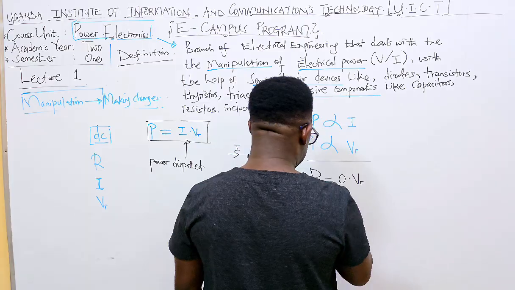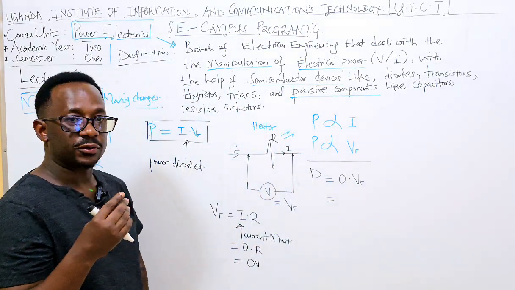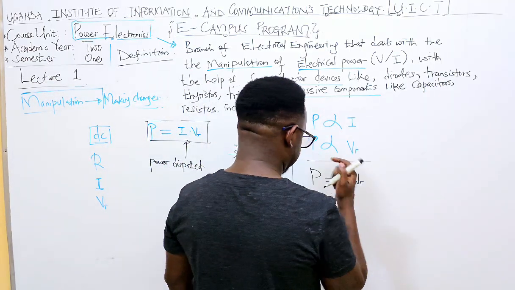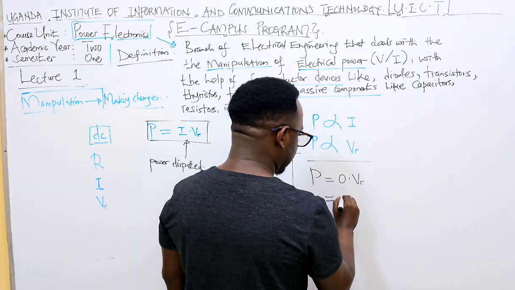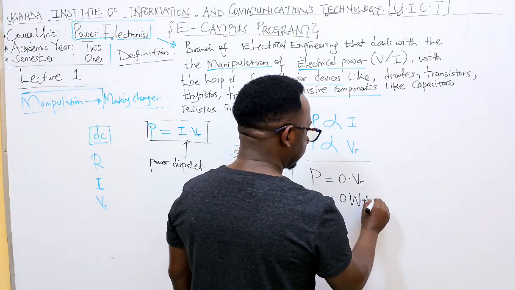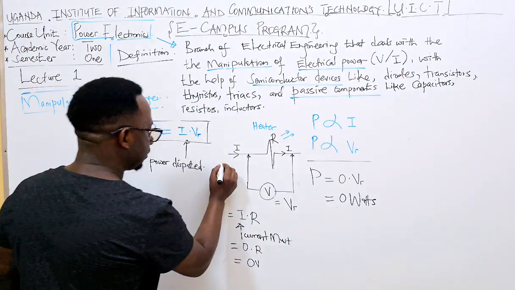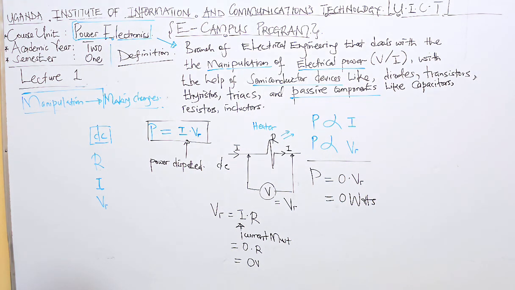These are very basic facts I want us to have on our fingertips before we proceed. So we have 0 watts. Remember, this is a DC circuit. I decided to choose a DC circuit for ease.